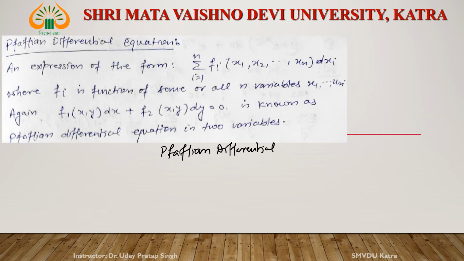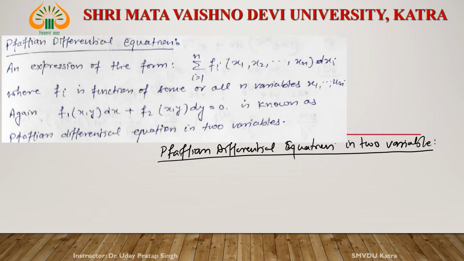That is in this form: F1(x1, x2) dx1 plus F2(x1, x2) dx2 equal to 0. This is the Pfaffian differential equation in two variables.